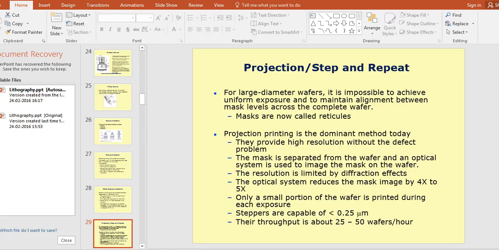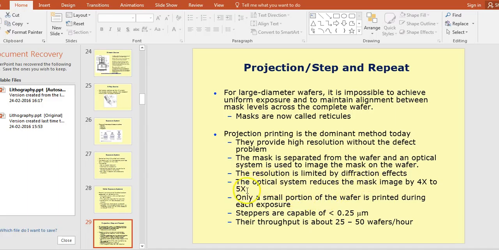Another point is the resolution is limited by the diffraction effect. That is the important thing here, especially the Fraunhofer condition of diffraction, which comes into picture when the distance between the object and the image plane is much higher.